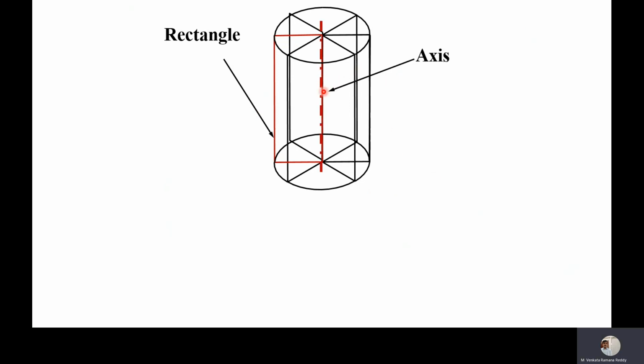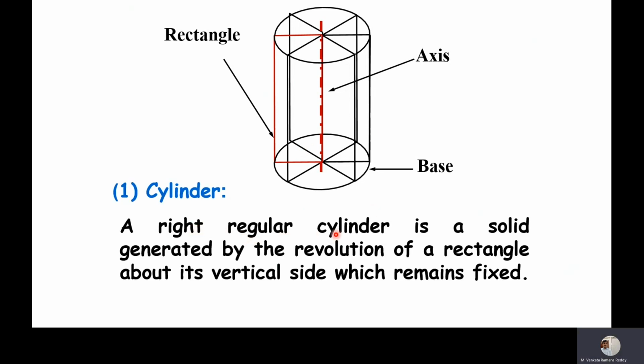This is the axis and this is the rectangle. And this is the base of a cylinder. A right regular cylinder is a solid generated by the revolution of a rectangle about its vertical side, which remains fixed.